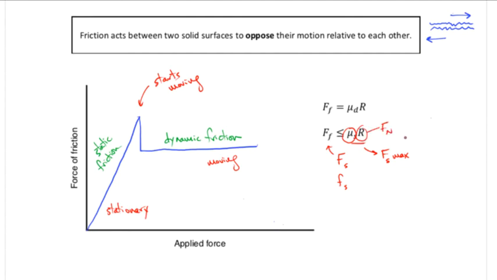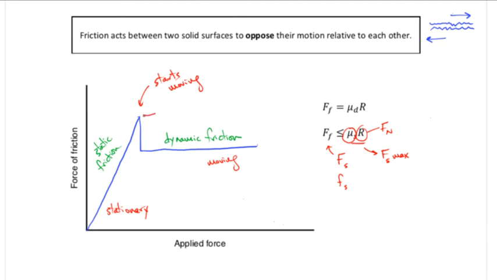R for reaction is another way of stating the normal force. So the normal force is determined by the situation, by the mass and the orientation of the object, and the coefficient of friction is determined by the two surfaces that are in contact.